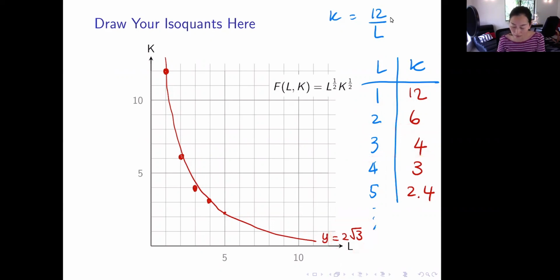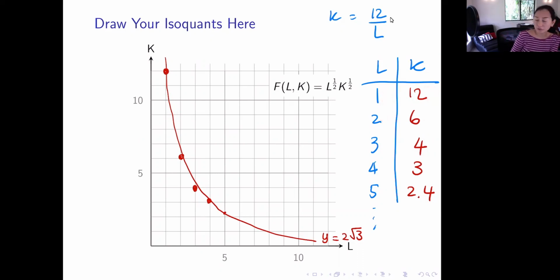So basically, if you want to compute the MRTS, you can look at the change in K over the change in L, right? From this point to that point, from here to here, I can see that K decreases by 6 units and L increases by 1 unit. So the MRTS would be -6 divided by 1, which is equal to -6, right?